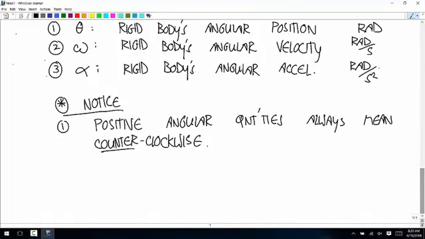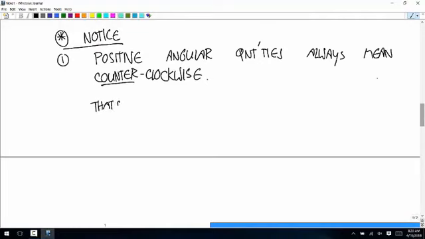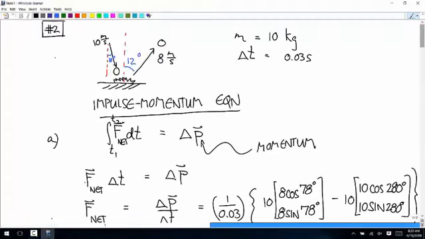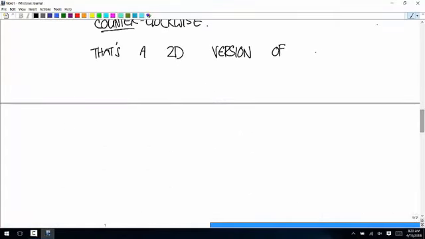So what this really is, is a simplification of the right-hand rule. So that's a 2D version of the right-hand rule.